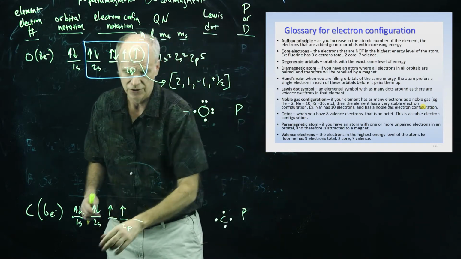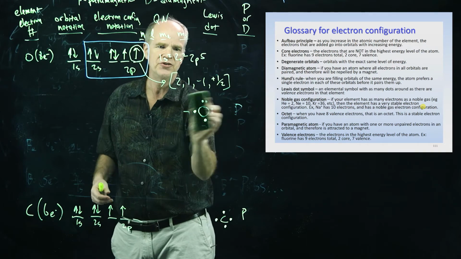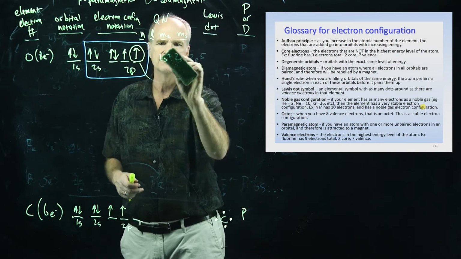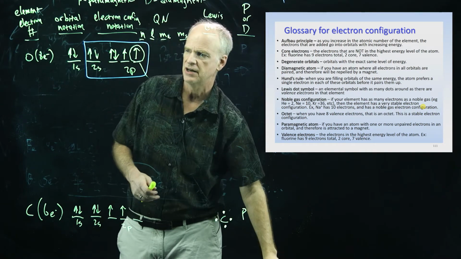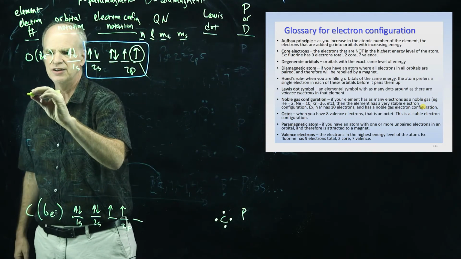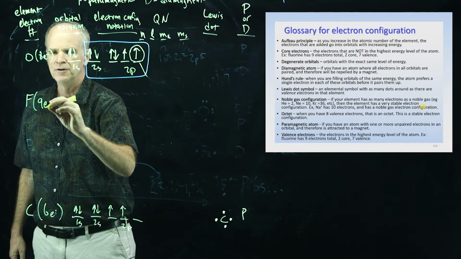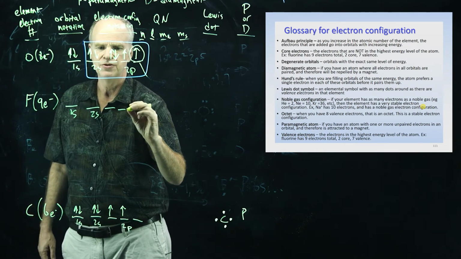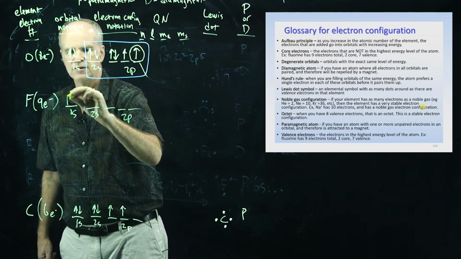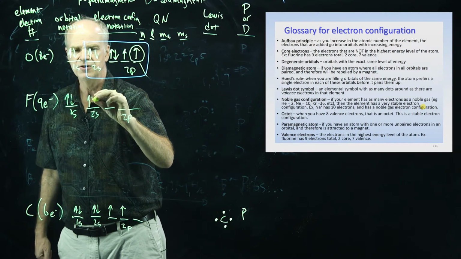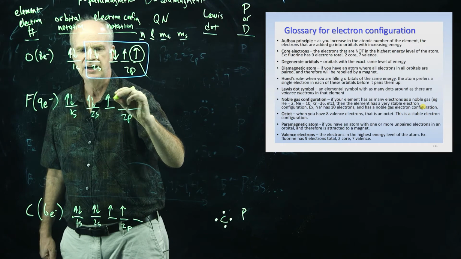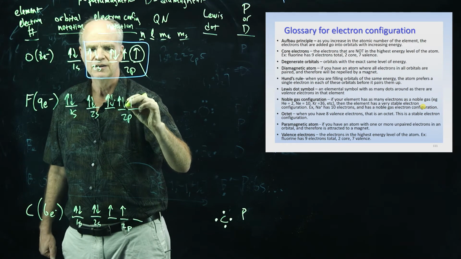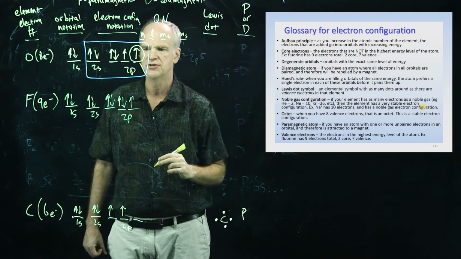Okay, so next we're going to do fluorine. I'm going to just erase this to give me a little bit more room. Okay, so fluorine is 9 electrons. So this is 1s, 2s, 2p, 2 electrons here, 2 electrons here, 5, 6, 7, 8, 9. Okay, so that's the orbital configuration for fluorine.